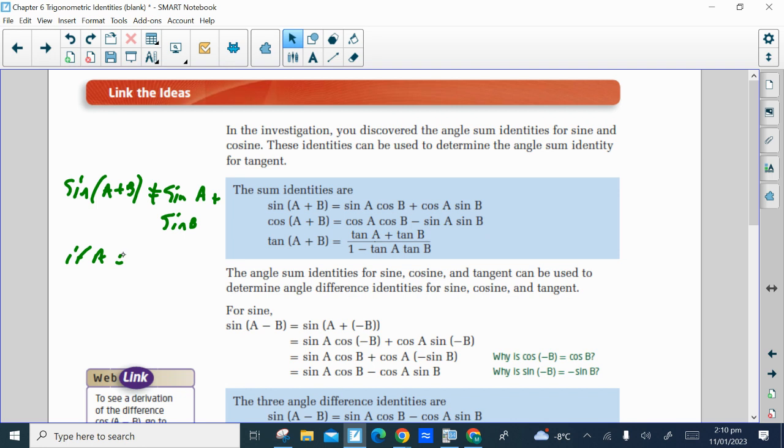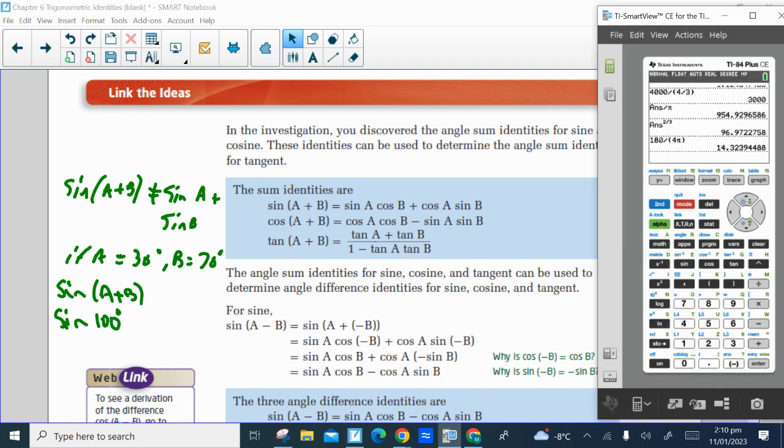If a is 30 degrees and b is, let's say, 70 degrees, then the sine of a plus b would be equal to the sine of 100, which we can do on our calculator. The sine of 100 is 0.9848.